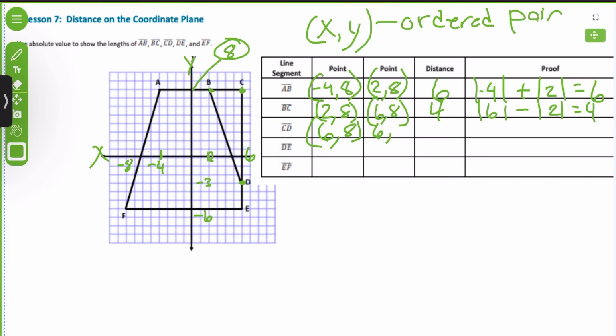So 6, -3. We're down 3 here. So what are we going to add or subtract? We're crossing the x-axis, so we're going to add. What values are we adding? Yes, the absolute value of 8 and -3, which is 11. The distance is 11.